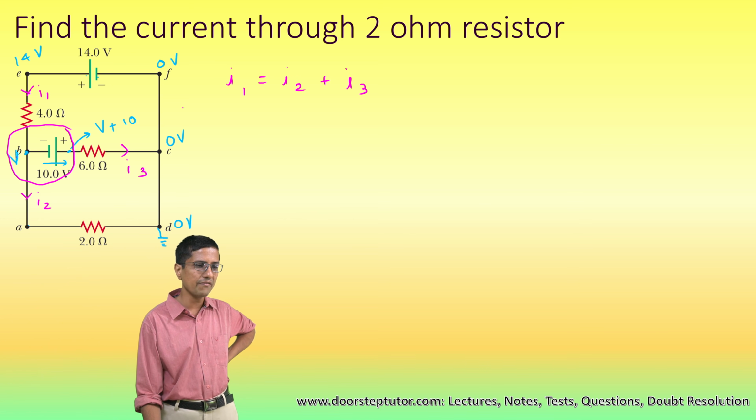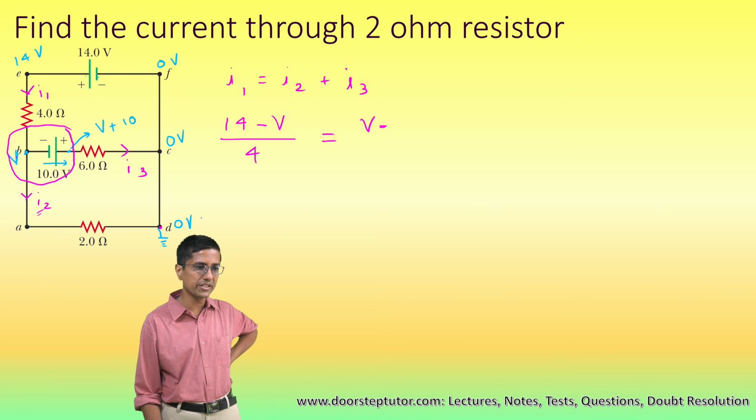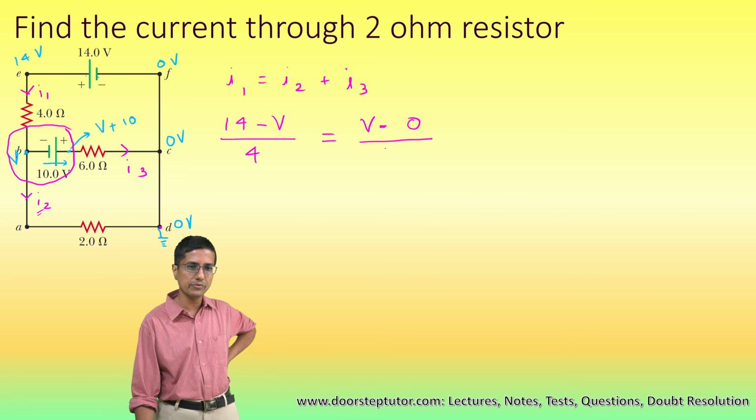So I1 is equal to, it's coming in this direction, so I write 14 minus the voltage at this point V divided by 4. This is equal to I2, which is this one, V minus 0 volt, which is right here, divided by the resistance, which is 2.